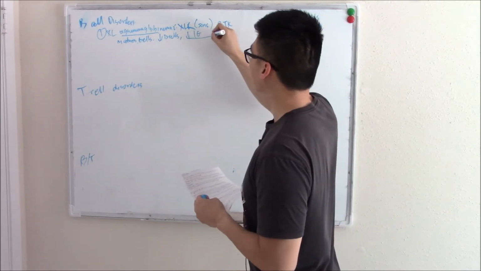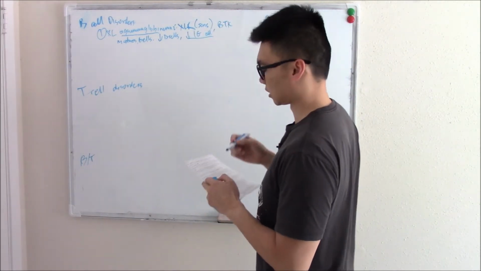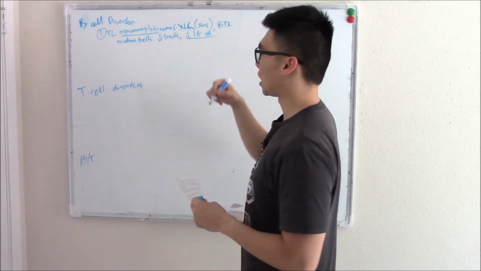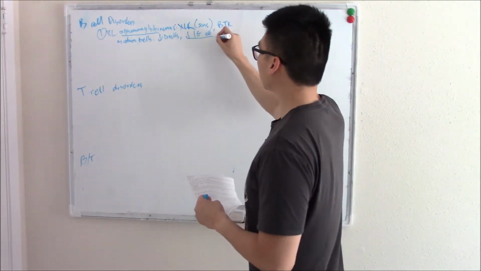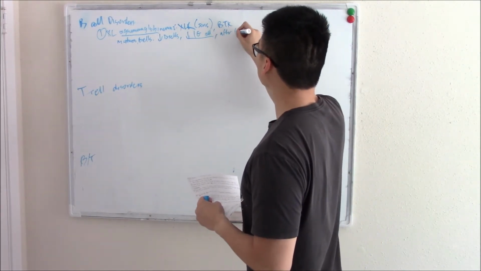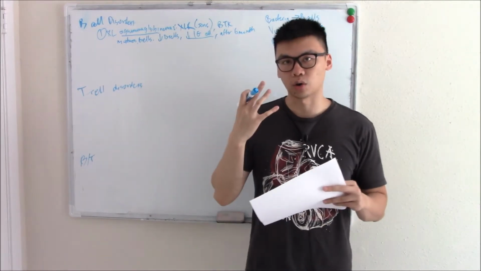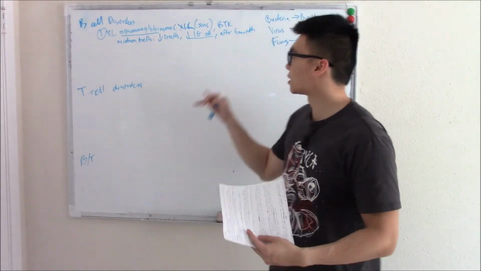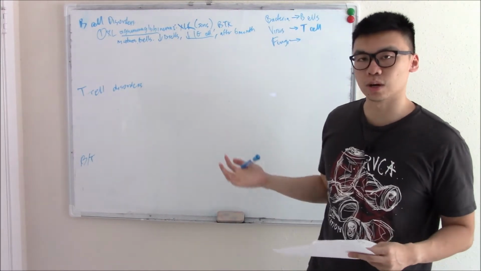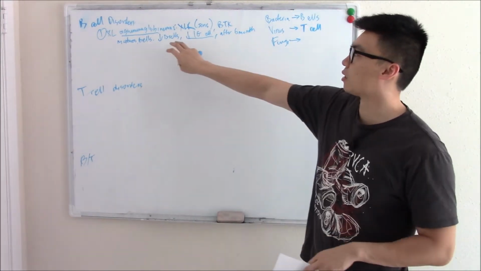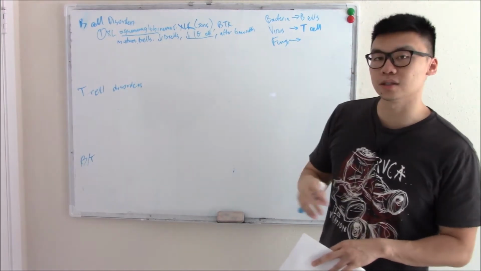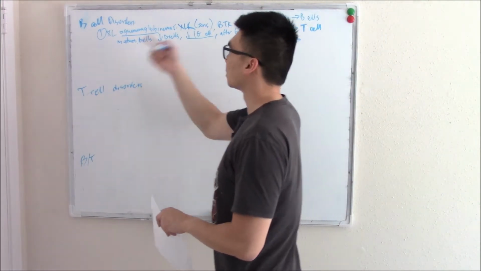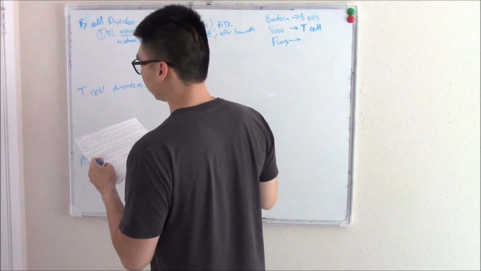And this is all classes, all immunoglobulin classes. It'll show up after about 6 months of a baby's life. So after 6 months, why is that? Remember, your maternal IgG will travel to the baby, give it some immunity, give it some protection for that 6 months. But after that 6 months, the IgG goes away, baby is no longer protected, baby no longer makes B cells or immunoglobulins at all. They have X-linked agammaglobulinemia. Cool.